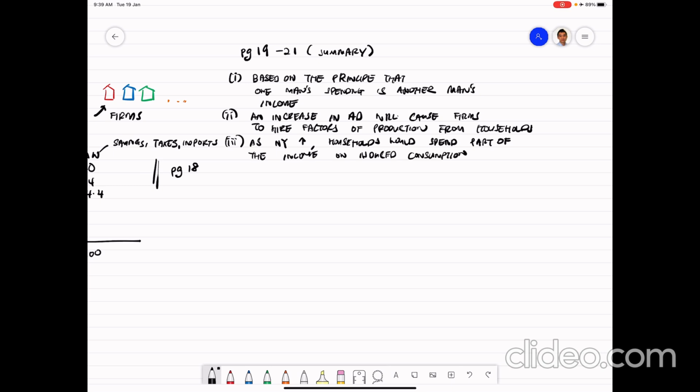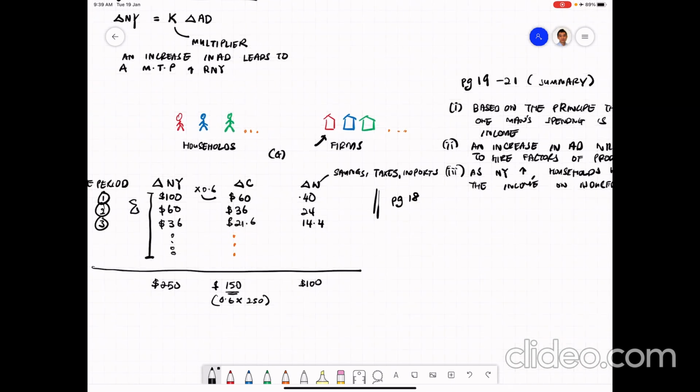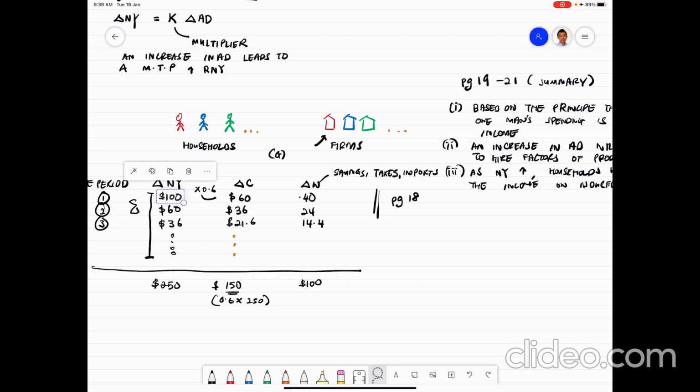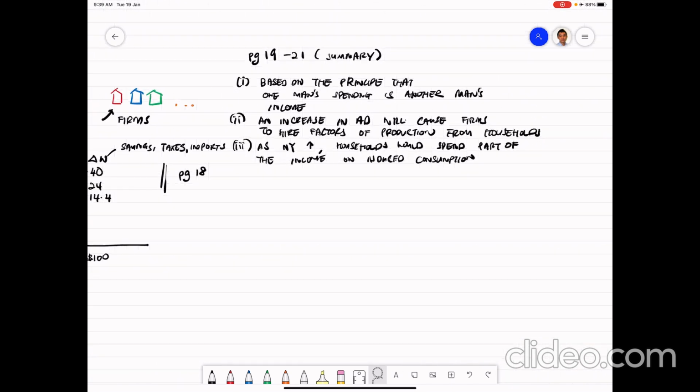Because as income increases, purchasing power increases, they would then spend part of it on consuming goods and services. Okay, so then you have an increase in induced consumption. So remember, red man feels richer because he has that $100. So he spends 60, which is his induced consumption on blue firms' goods and services.